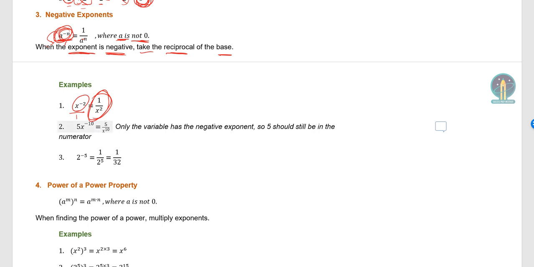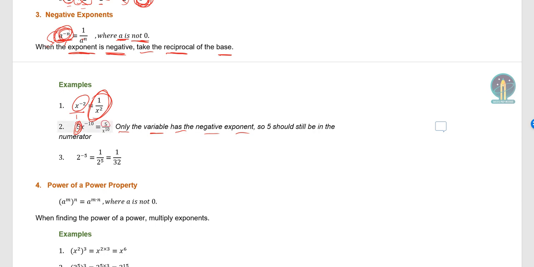Okay, 5x to the minus 10th power. So only the variable has the negative exponent. In fact, only the variable has the exponent to begin with, as well as the negative sign with the exponent. Meaning this minus 10 is applied just to the x, not to the 5. So the 5 stays as is in the numerator.